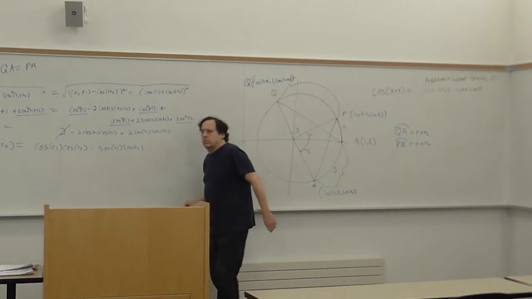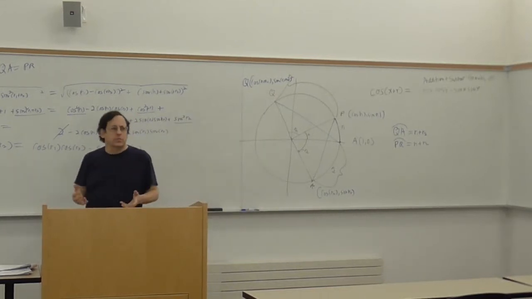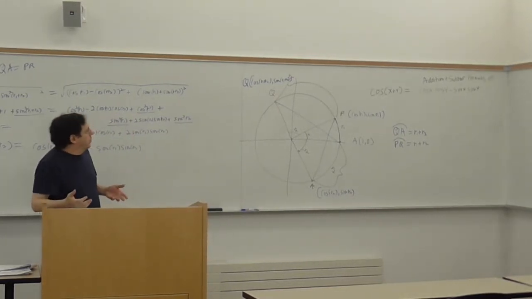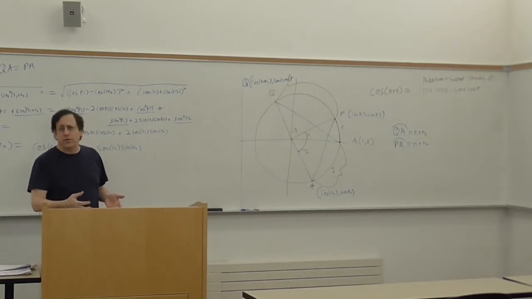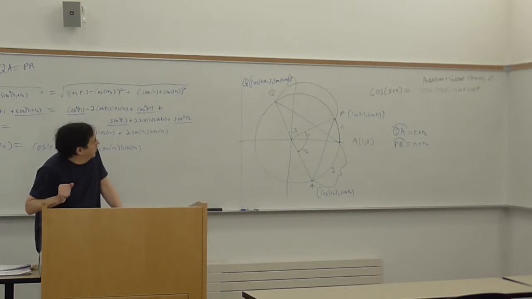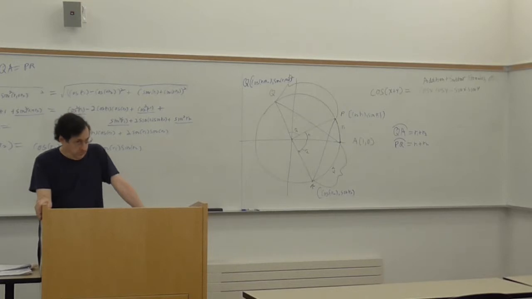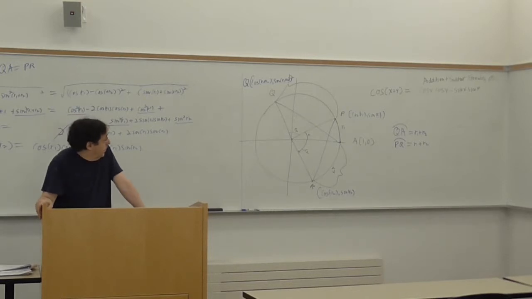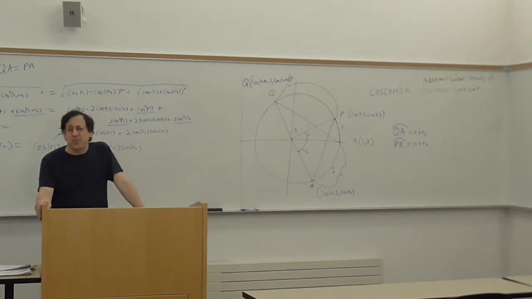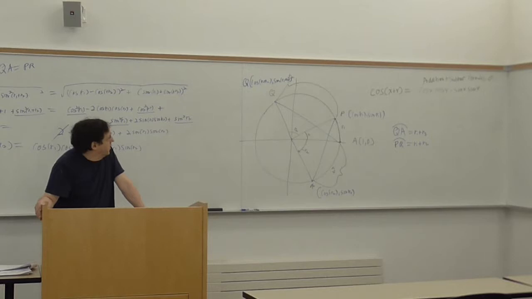Right, so we have our first formula that tells us the cosine of x plus y in terms of sines and cosines of x and y. We're going to have a lot of formulas coming up. Trying to memorize them is kind of a difficult endeavor.